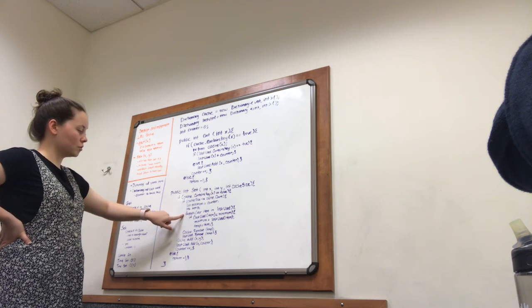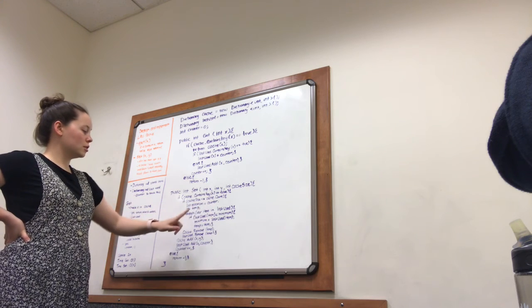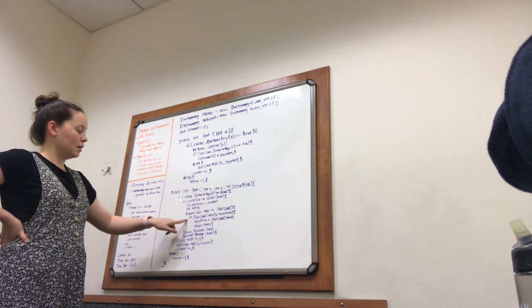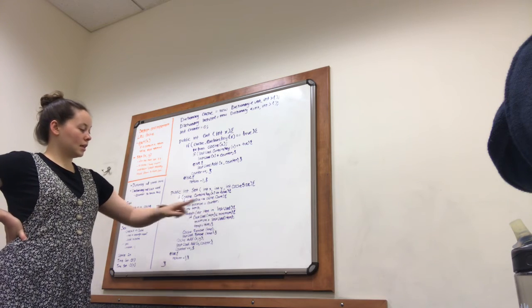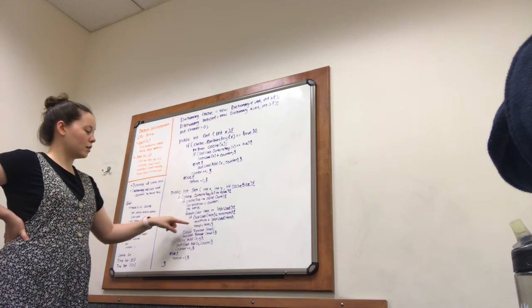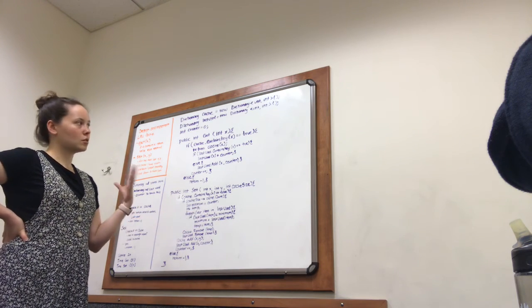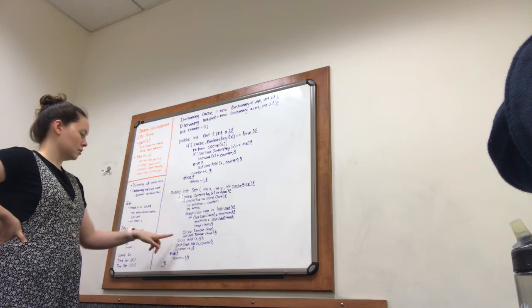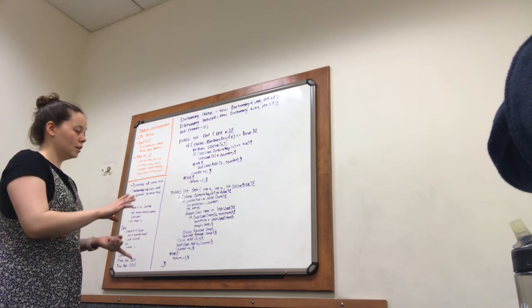So for each item in the last used dictionary, we're going to check if the value of that item is less than the minimum. If it is, we're going to set the minimum equal to that value, and we're going to set the temporary integer to that item.